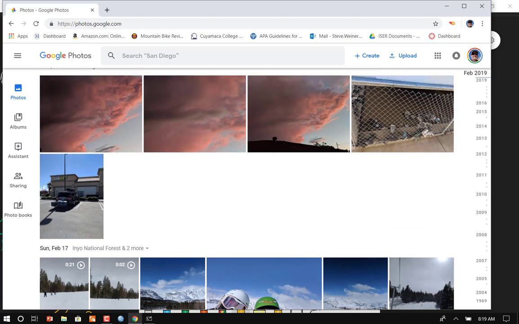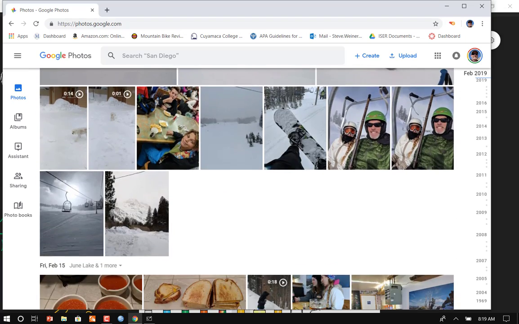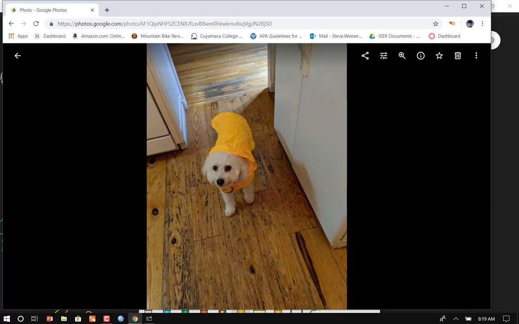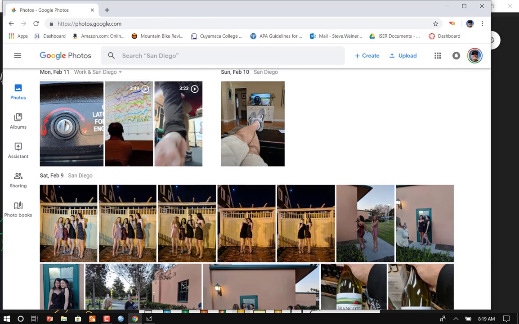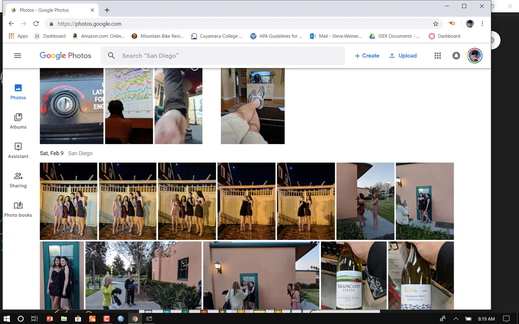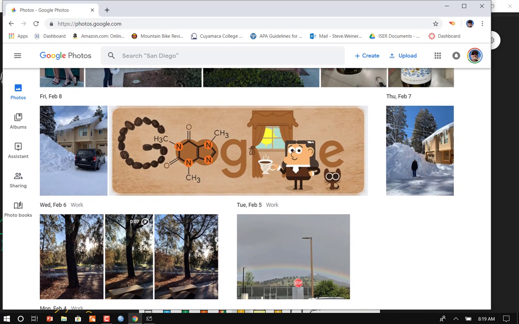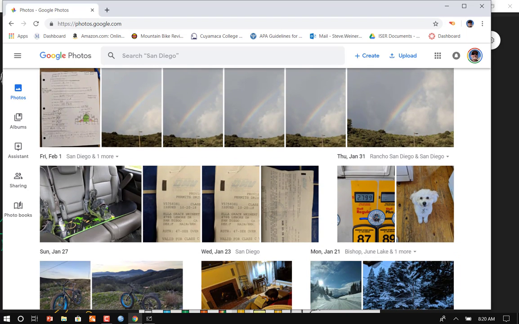Okay, so I'm going to scroll down to my winter session class, and I recorded Fluffy. There's Fluffy in her little raincoat. Sorry. It's a very hard dichotomy that I have. There's my daughter's winter formal and her little friends. Oh, the Google with the caffeine in it. Awesome. Okay. Oh, there's Fluffy again. Hi.